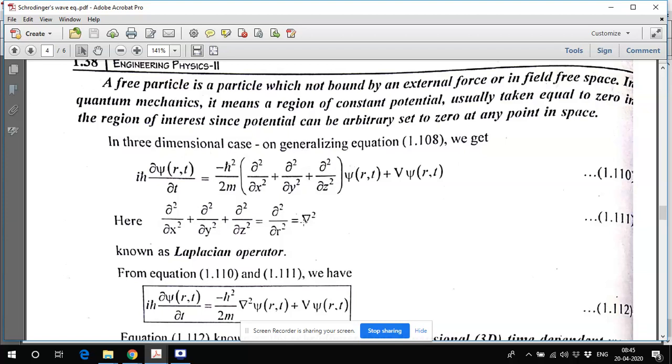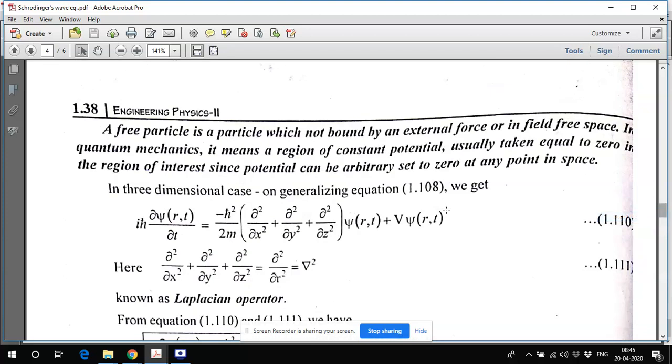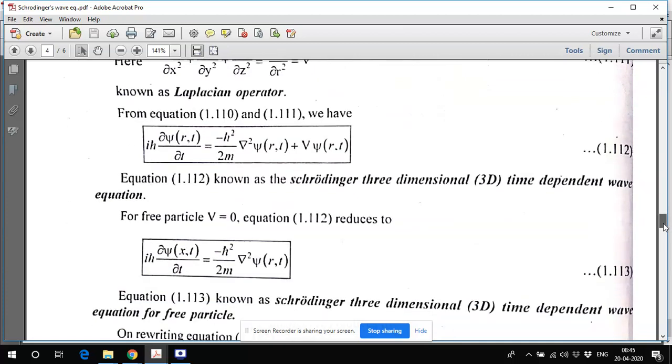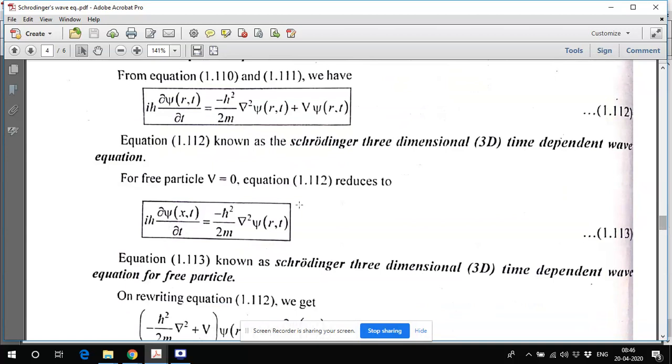This quantity is also called the Laplacian operator, del squared. Hence, I can write this equation as iota ħ ∂ψ(r,t)/∂t equals minus ħ squared by 2m ∇²ψ(r,t) plus Vψ(r,t). This is known as the three-dimensional time-dependent Schrodinger equation. For a free particle, once again, you can write V equal to 0, which gives the equation for the free particle.